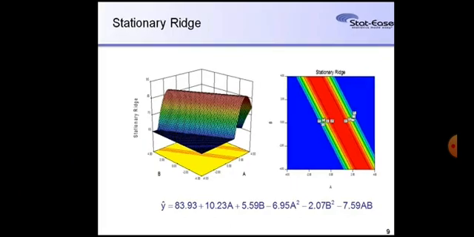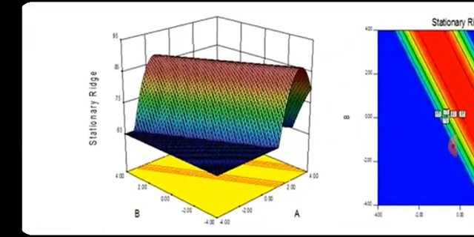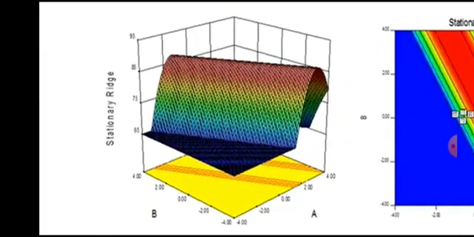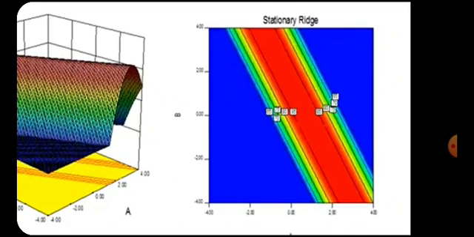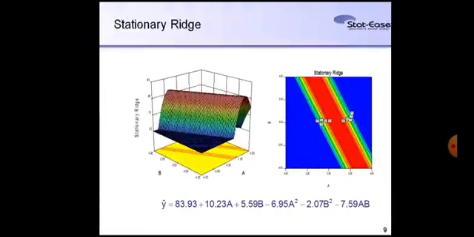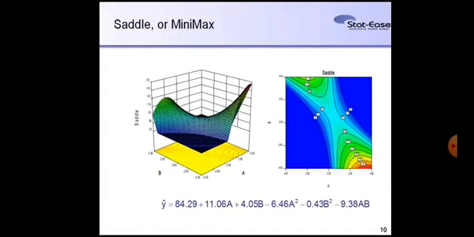Stationary ridge, where you can see again a different pattern and the shadow of that at the bottom on the two-dimensional plane. So it looks like this. The red area means these are the different regions where the parameters, variables A and B, are interacting and giving highest response values. Next one is saddle or minimax.